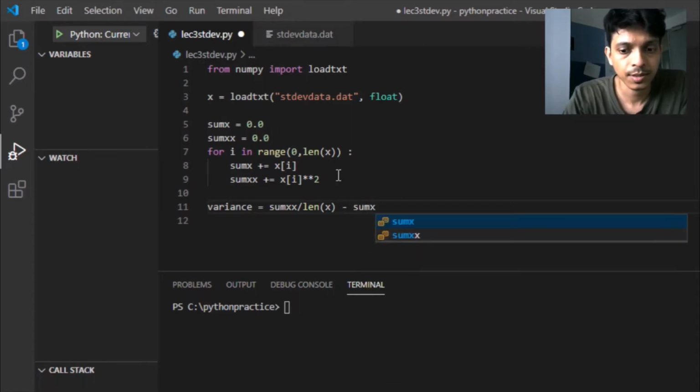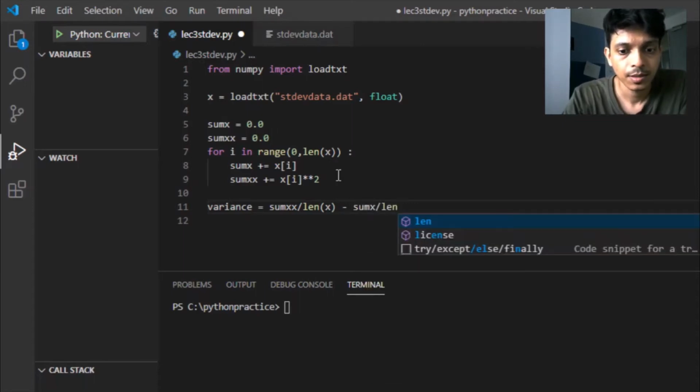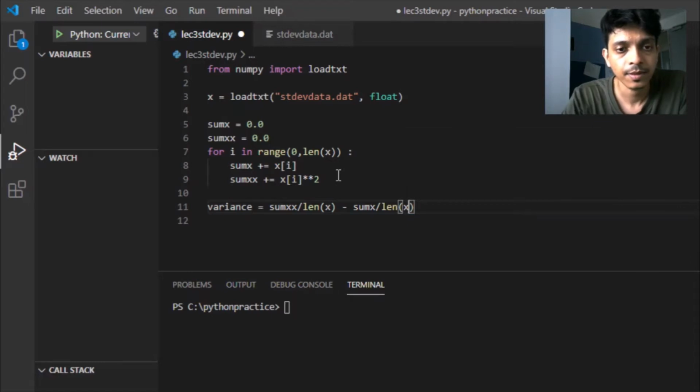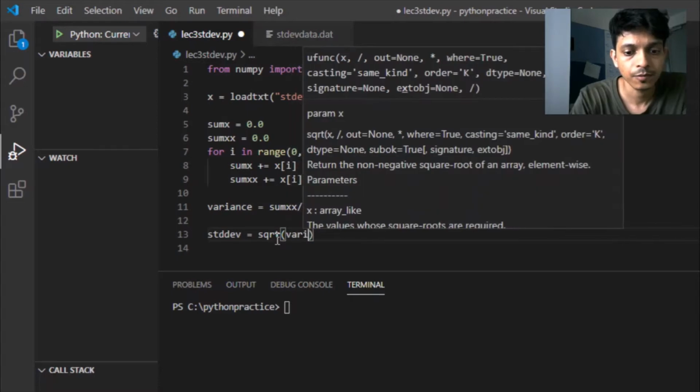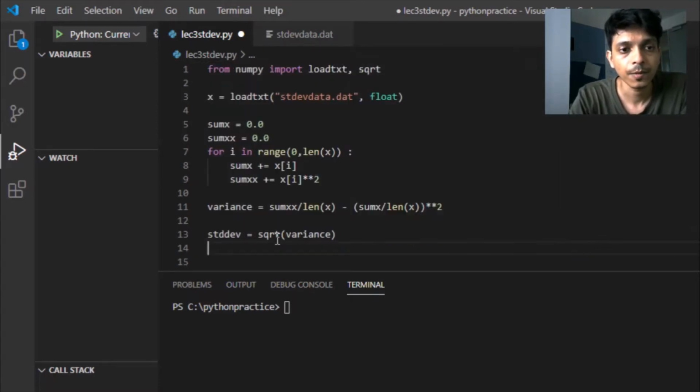So this is average. Let's square this up. So this is my variance. And then standard deviation is just square root of the variance. Okay, I think we are done.